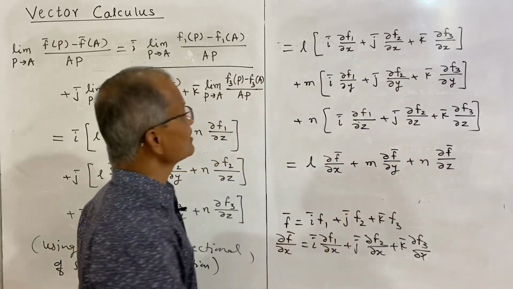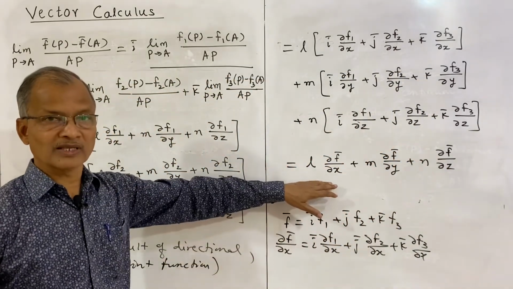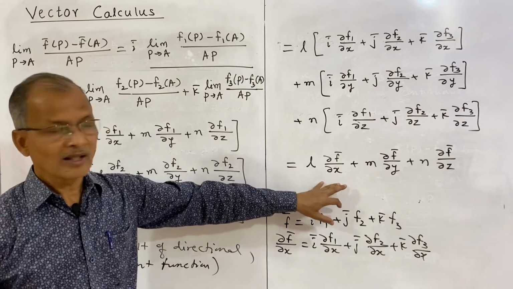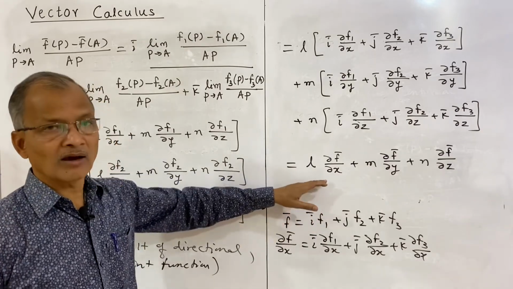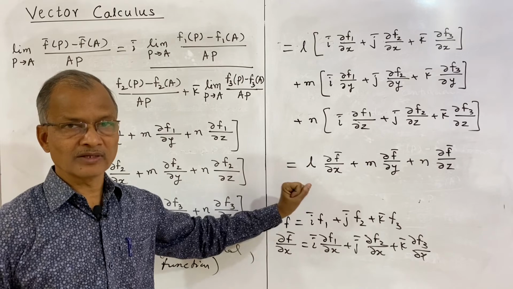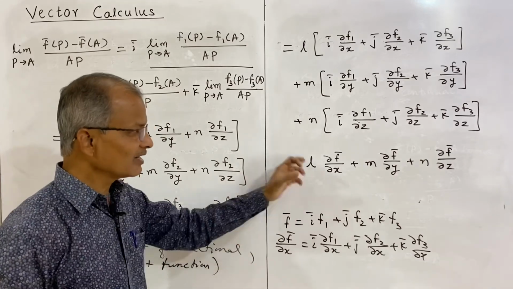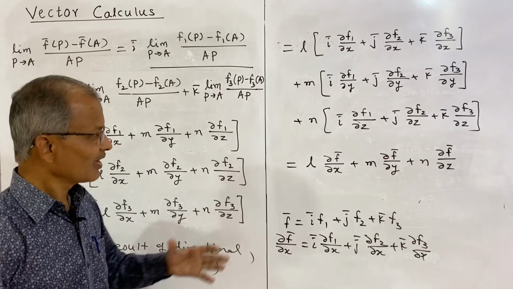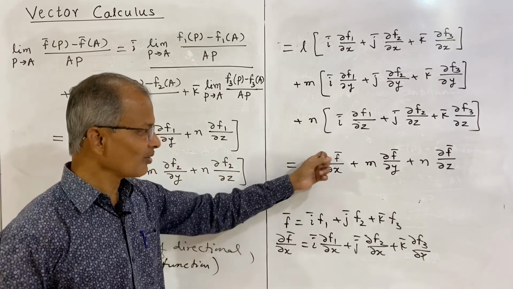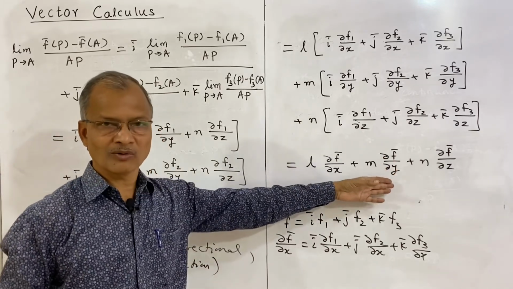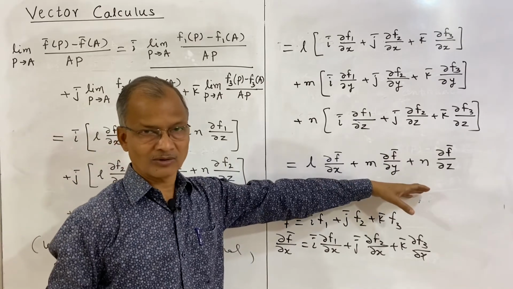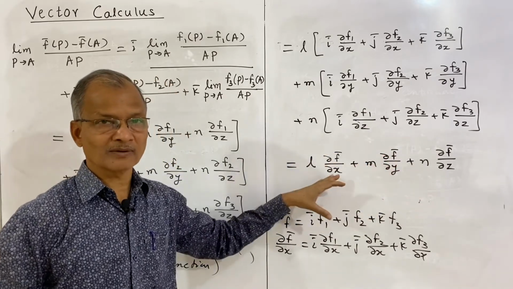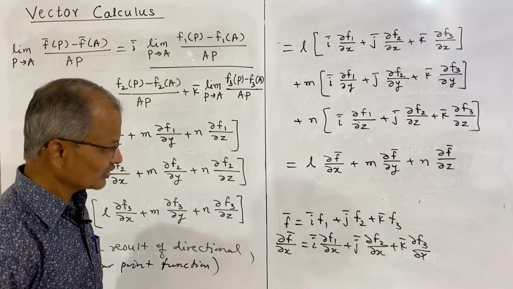So this is the directional derivative of a vector point function f bar at point A along the line having DCs l, m, n. The result is exactly similar to what we obtained for the scalar point function. For a scalar point function, it is l ∂φ/∂x plus m ∂φ/∂y plus n ∂φ/∂z. Instead of phi, here the function is a vector point function f bar.